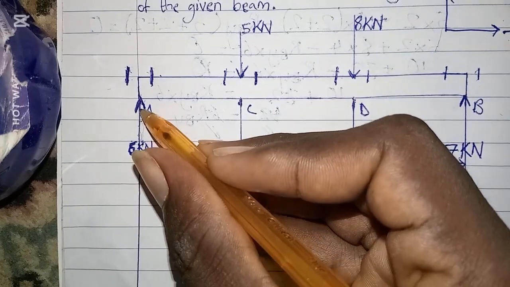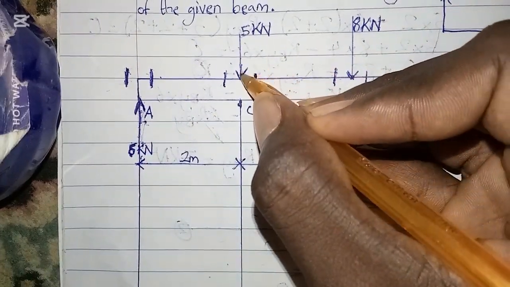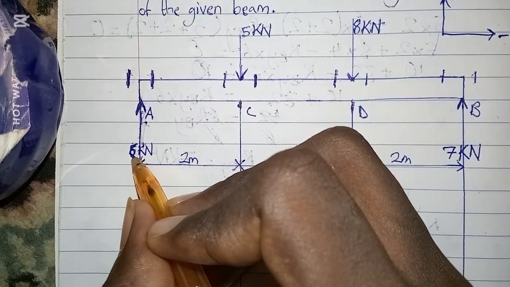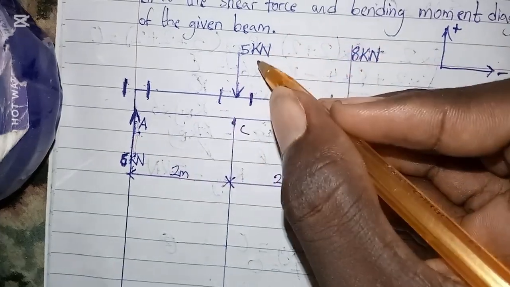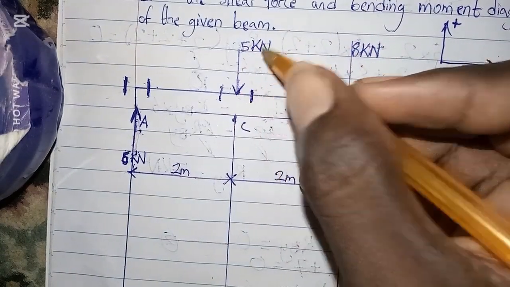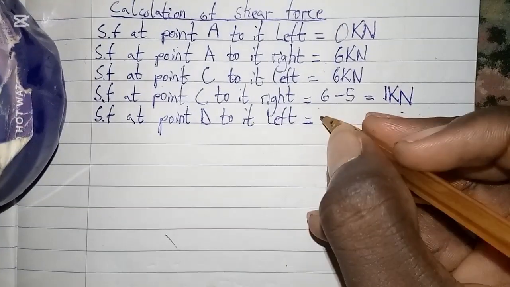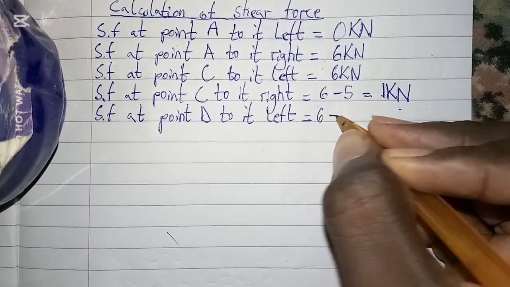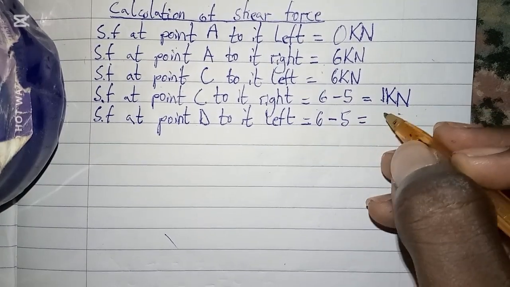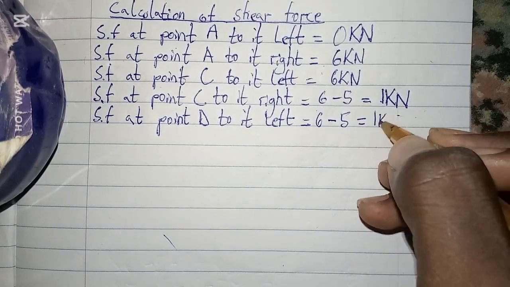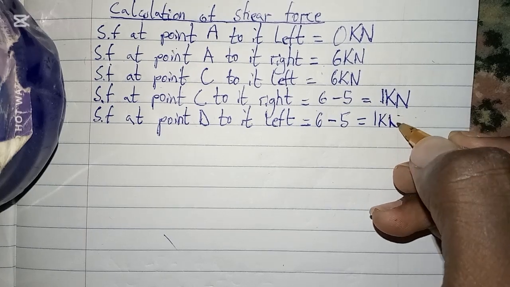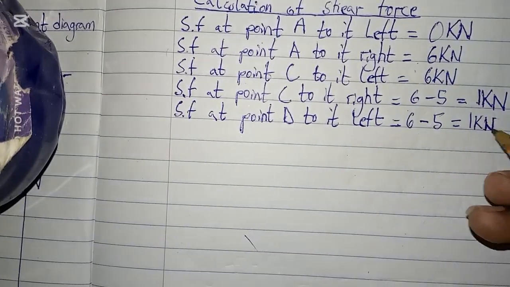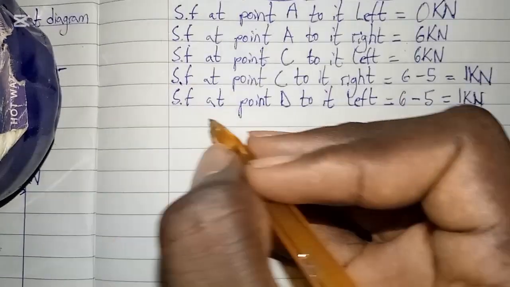You can see this force and this force: positive 6 kilonewtons and negative 5 kilonewtons. So 6 minus 5 kilonewtons gives you 1 kilonewton.